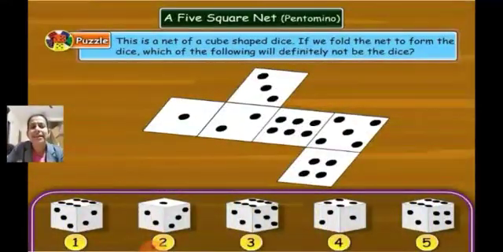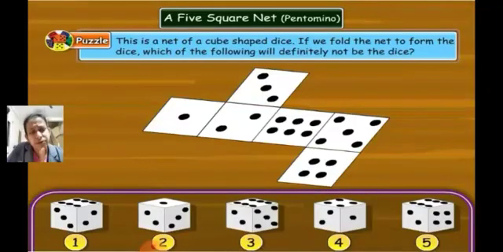Here 5 different dice are made. You need to find out which of these does not have the pattern shown here in this 5 square net.